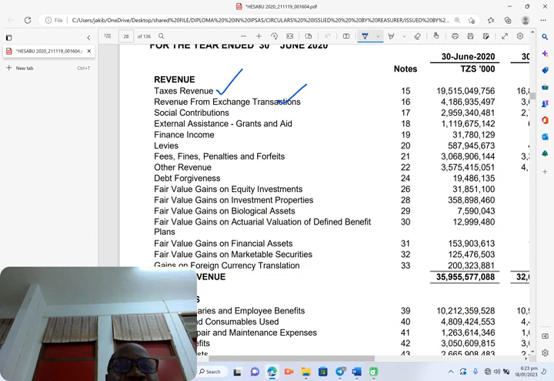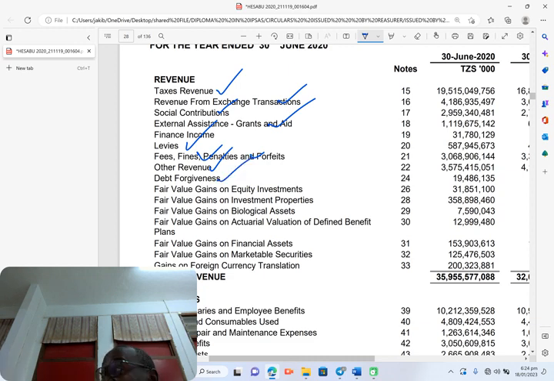And what is this one? Social contribution. This might be routed from these pension funds. So we have external assistance, grant and aid, service revenue, fines and penalties, including those from police. We have other revenue, debt forgiveness. You remember?